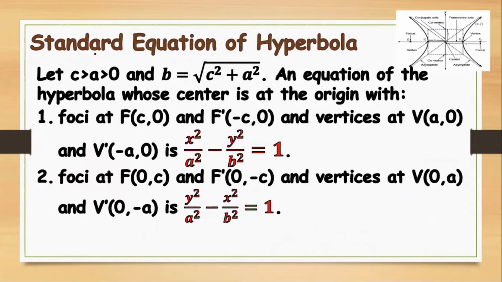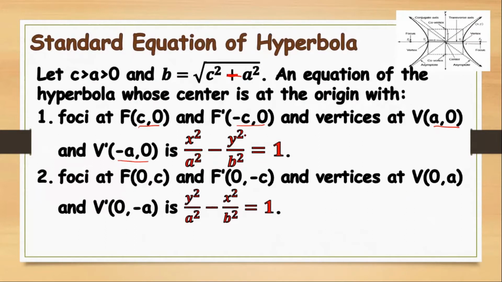So let's have now the standard equation of our hyperbola. Let c greater than a greater than 0 and b squared is equal to c squared minus a squared. An equation of the hyperbola whose center is at the origin with foci at (c, 0) and (negative c, 0) and vertices at (a, 0) and (negative a, 0) is x squared over a squared minus y squared over b squared equals 1.